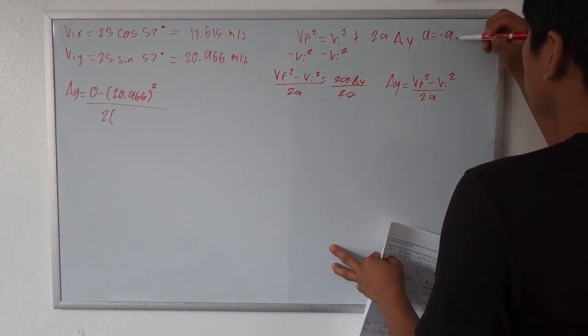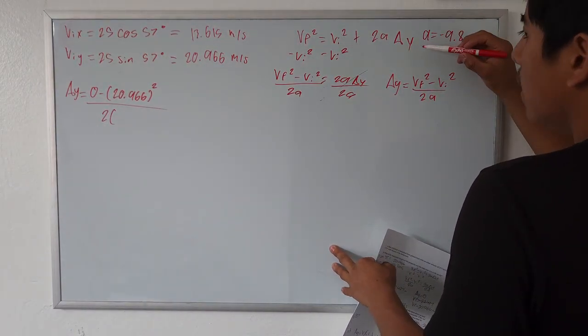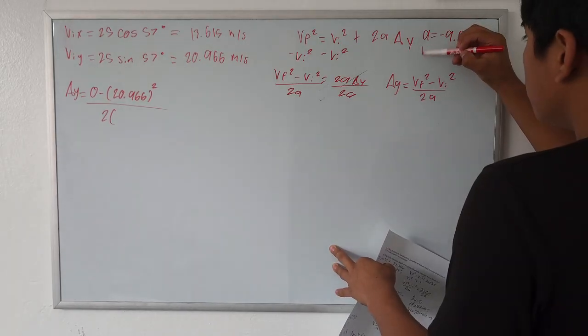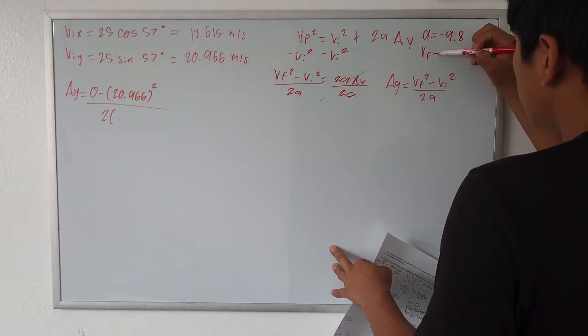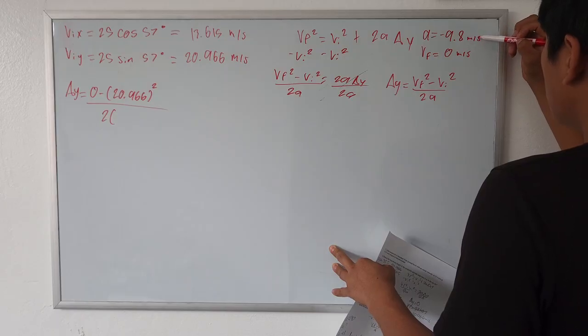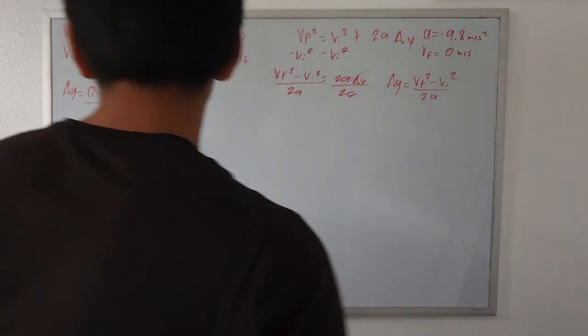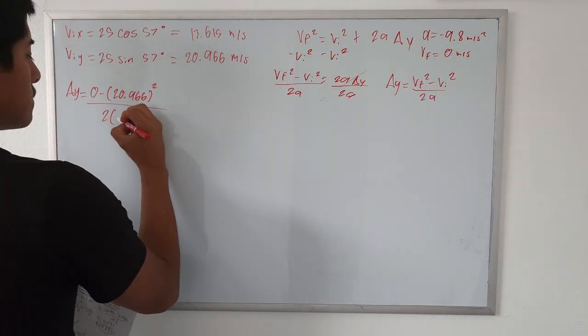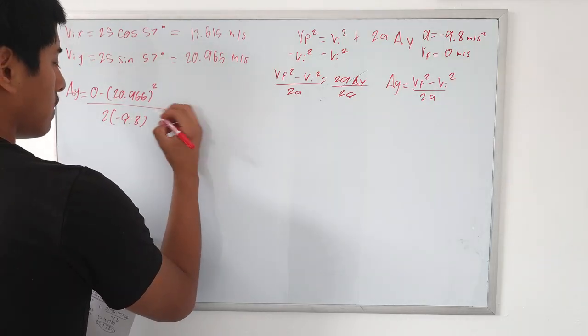Acceleration equals negative 9.8, and then velocity final is equal to 0. So then now we plug in the acceleration, so it's negative 9.8.